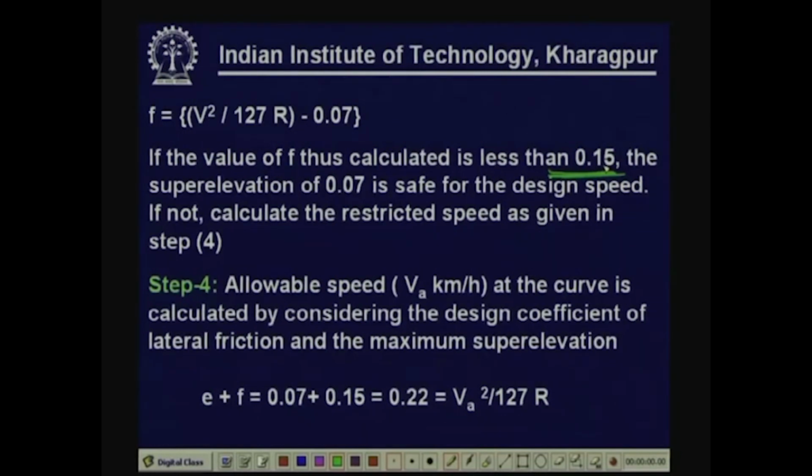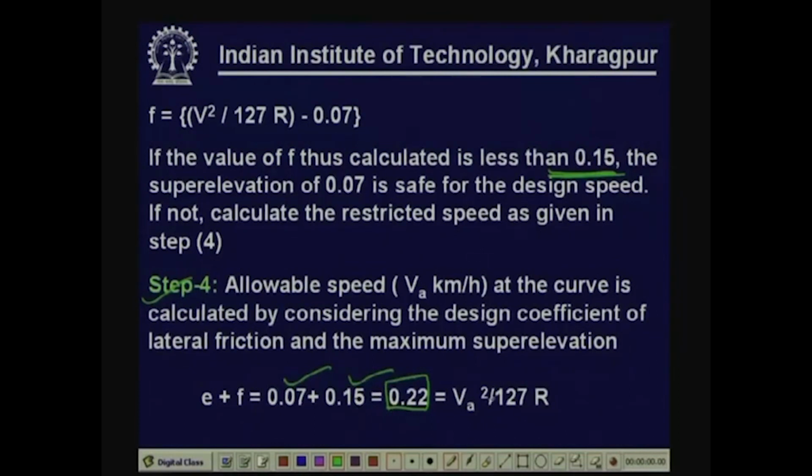Now, if we find that this is even more than the permissible value of 0.15, in that case we have to go for speed restrictions. There is no other way normally, or maybe change the alignment and have a different radius. So, in that case E plus f equal to v square by 127 r, put the limiting value of E, put the limiting value of r. So, total is 0.22 for plain and rolling terrain.